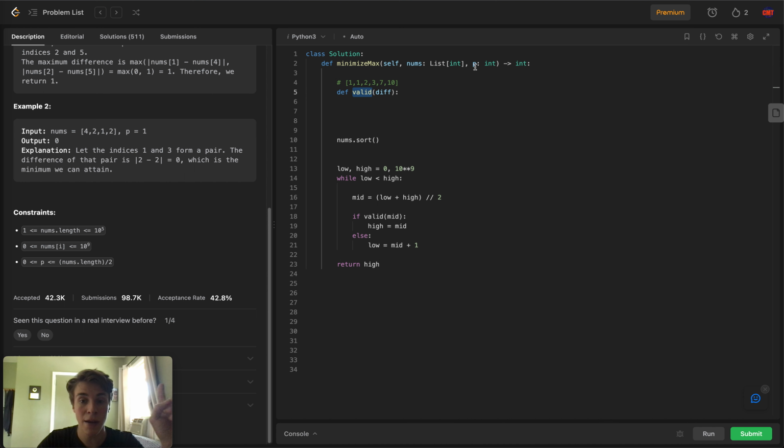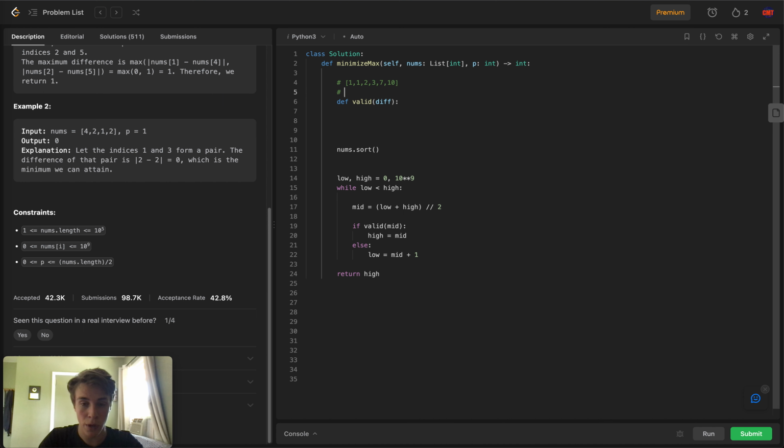Yes, exactly. Can I find p pairs in this array with a min-max difference lower than diff? So in a given array, can I find p pairs with a min-max diff less than the argument.